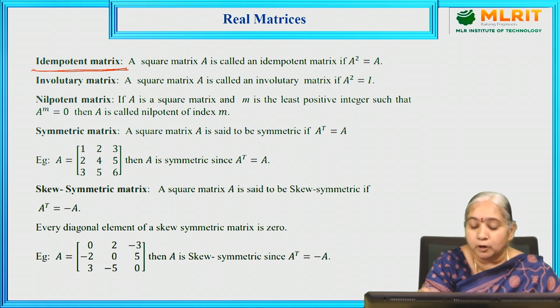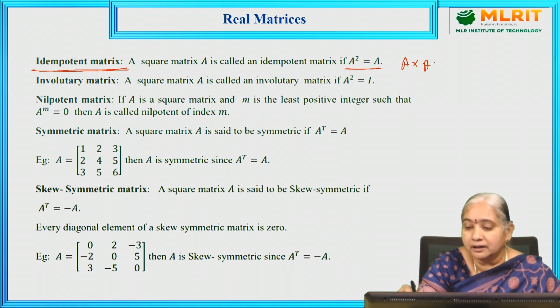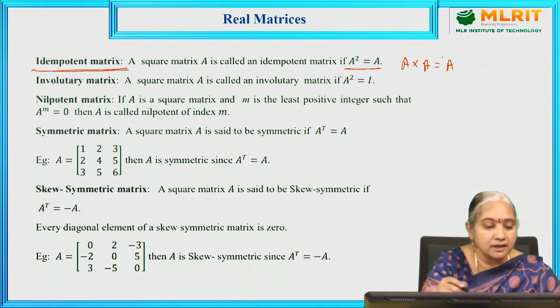The property of an idempotent matrix is A square equal to A. We take the matrix A and find the product A into A. If this product matrix again gives the given matrix A, then the given matrix A is said to be an idempotent matrix.